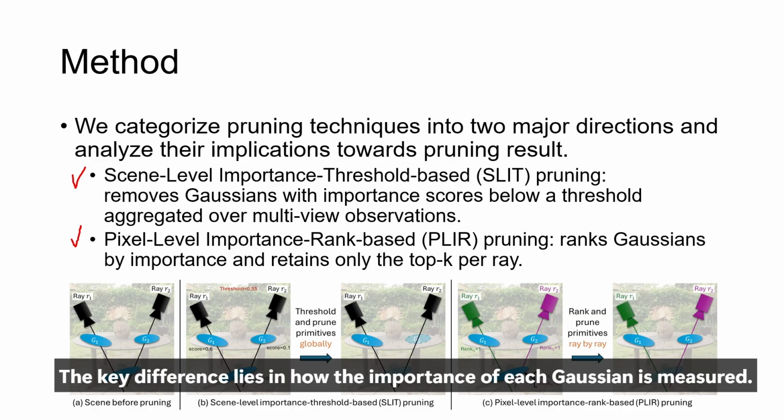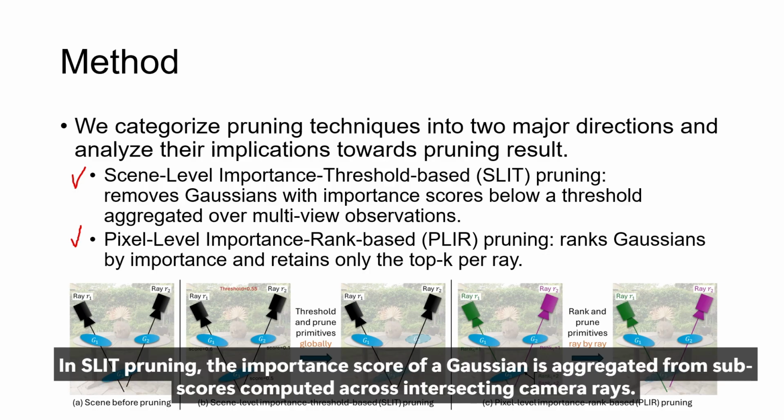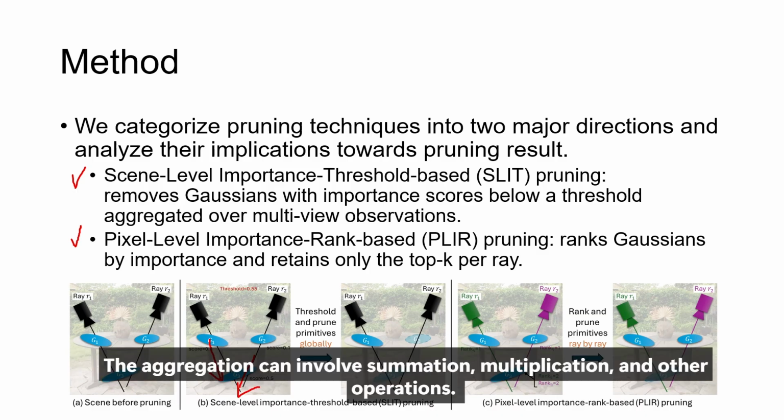The key difference lies in how the importance of each Gaussian is measured. In SLIT pruning, the importance score of a Gaussian is aggregated from sub-scores computed across intersecting camera rays. The aggregation can involve summation, multiplication, and other operations.